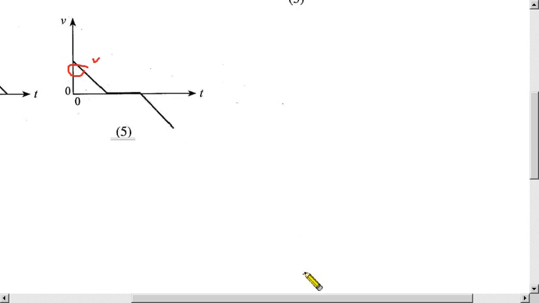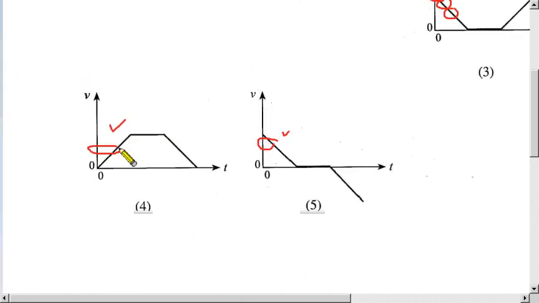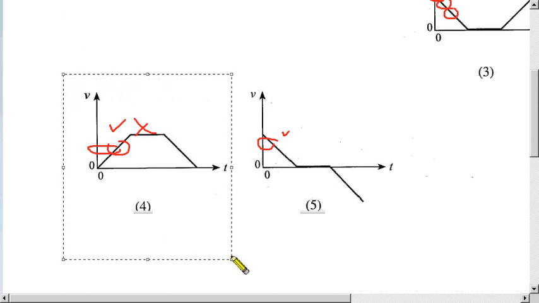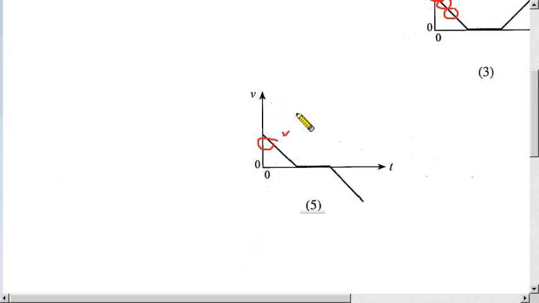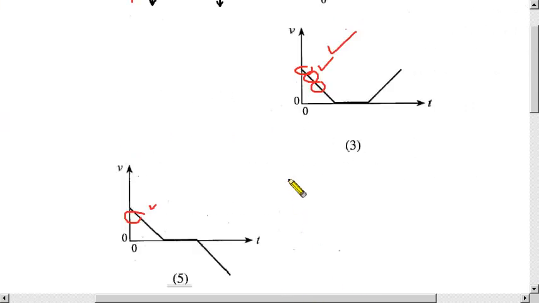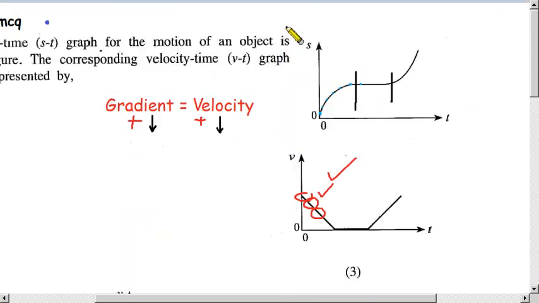Let us check the other graph. This one is not decreasing, wrong. Therefore let us delete it. This one is correct, decreasing, the velocity is decreasing from a positive value, so that is correct. Then let us check this second part.